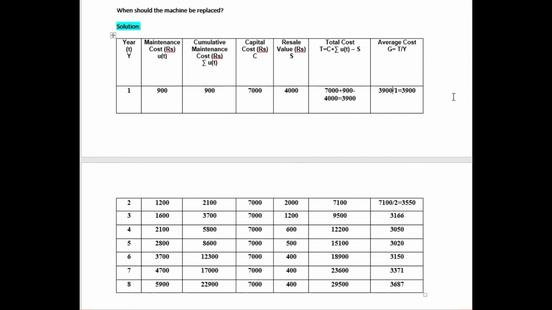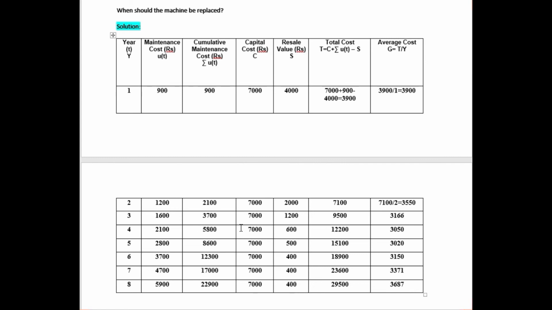So the maintenance cost is less than the average cost. For the end of second year, the maintenance cost will be 1200 and the average cost will be 3550. At the end of third year, the maintenance cost 1600 and the average cost will be 3166.